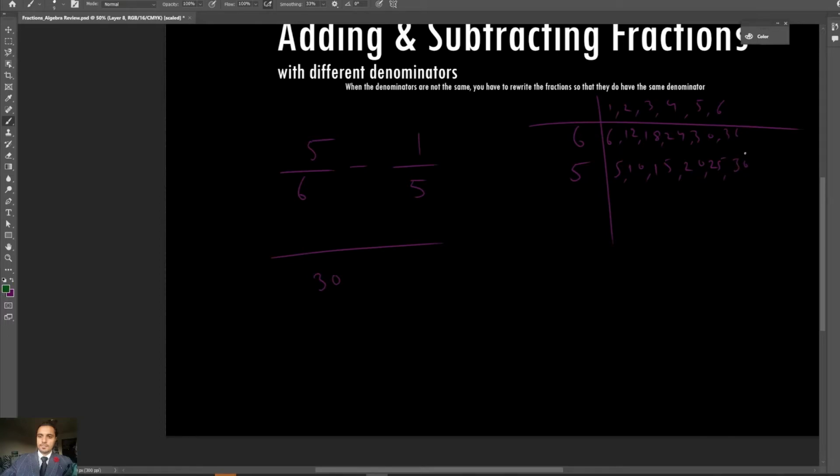And so the least common multiple is 30. Nothing else here that they have in common, except for 30. So we have 30 down here.